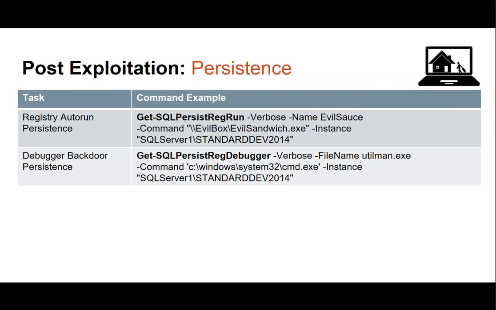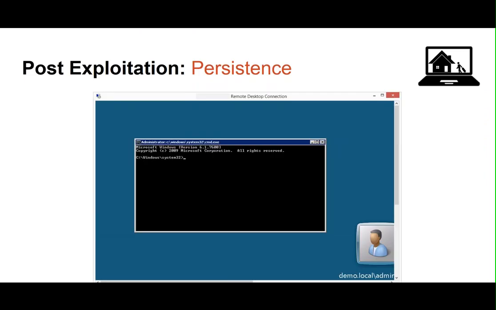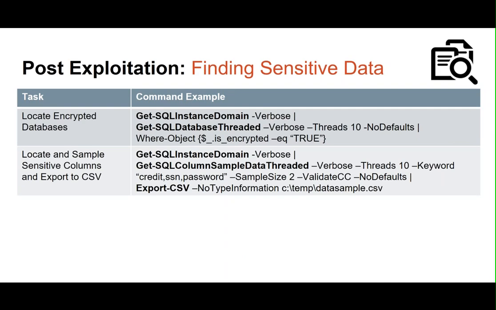And what that means from an attacker perspective, if I do that through SQL Server, I can hit that system via RDP, hit the Windows key U, and instead of getting utility manager, I get an interactive system console running actually as local system. So this is a technique that has been pretty commonly seen both from attackers and pen testers.